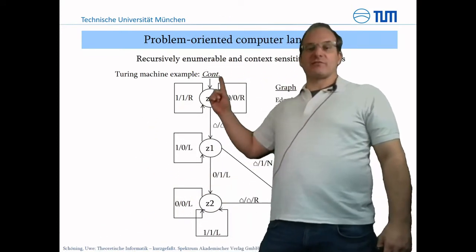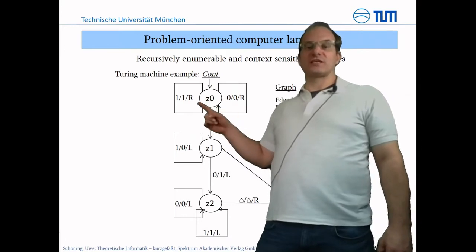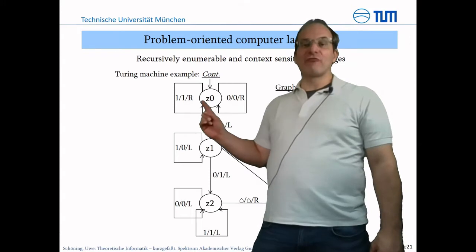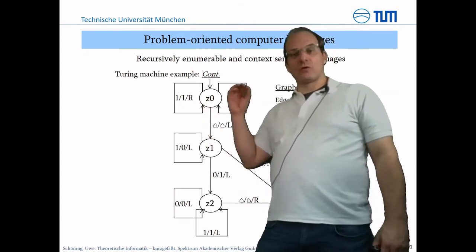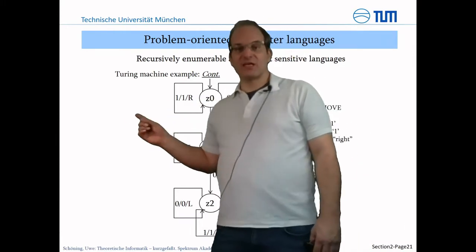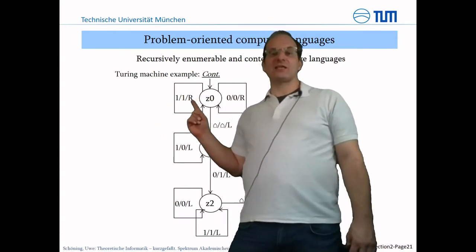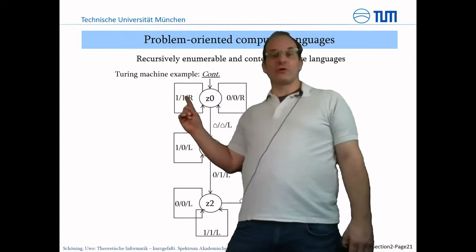So in this case, you have a start state represented with this incoming arrow to state 0. Then you have these edges here. The only difference now is that each edge has not only the character which is read, it also has the characters which are written back to the tape, and you have the decision where to move your read-write head.